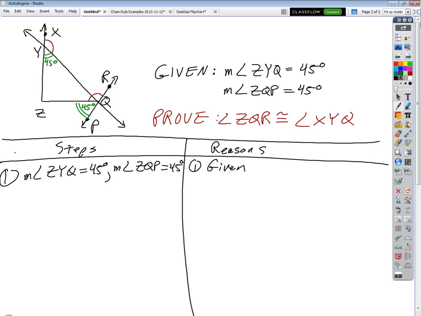So let's tackle the green angles first. You've got to show they're congruent. So what could we do? It's a stretch, maybe, but could we do one thing that would make it a slam dunk, that makes it indisputable that we got it?